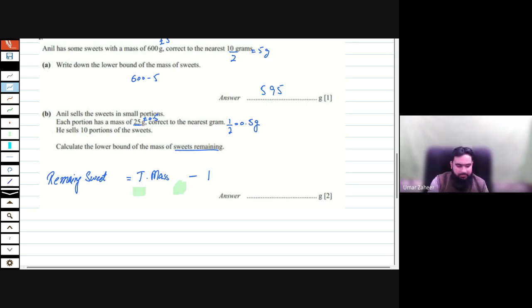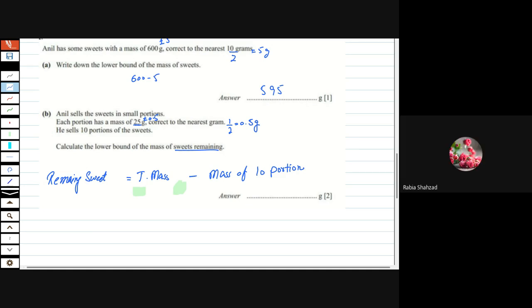Obviously, if you subtract the mass of 10 portions from the total mass, you are going to get the remaining mass. The statement is clear?